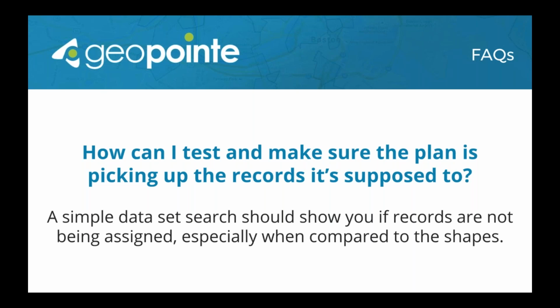You can also run searches where you're checking for is the assignment area field blank when it should or shouldn't be. You can run those kinds of searches and see that too. That could also, if you're building out more specific shapes, help you find gaps.